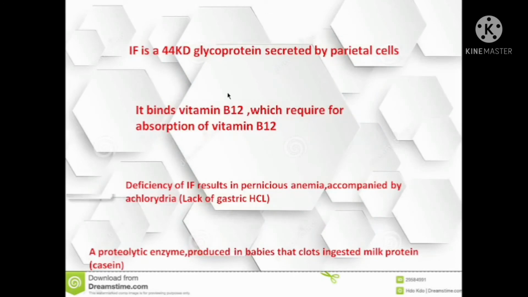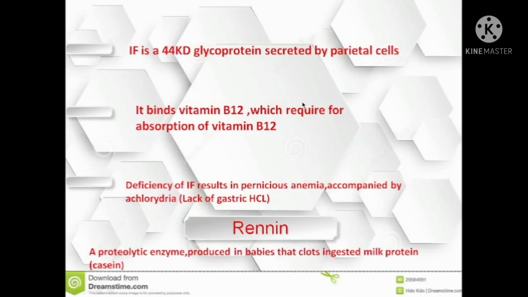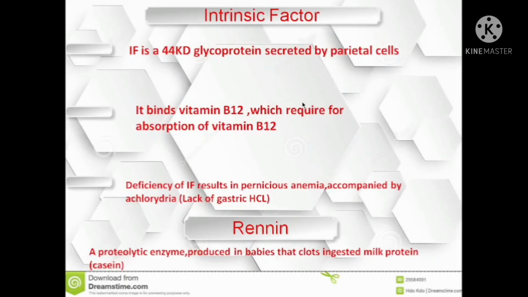So intrinsic factor, we said, is also produced by the stomach, okay? It binds vitamin B12, which is required for absorption of vitamin B12. We spoke about that. So if you're deficient in intrinsic factor, it results in what is called pernicious anemia, where you can't even absorb vitamin B12, okay?